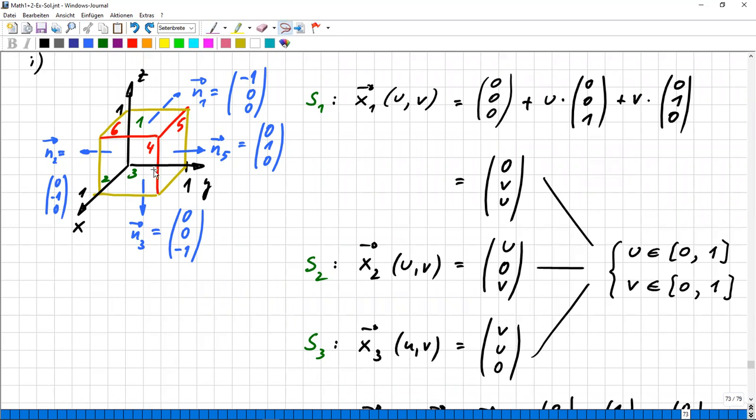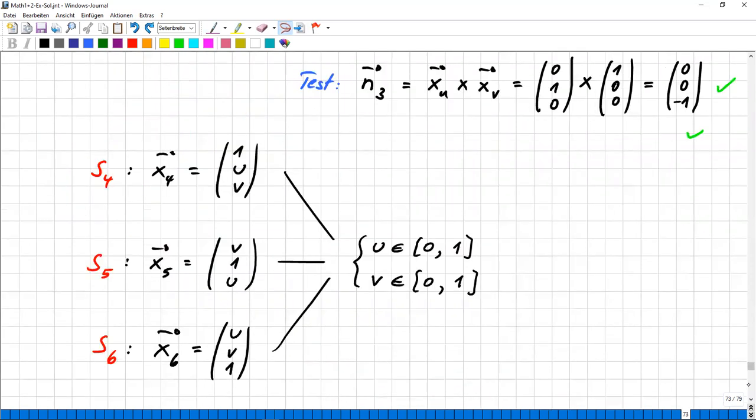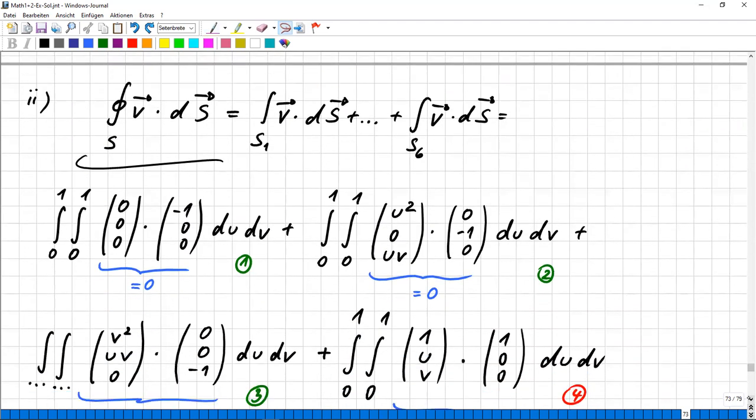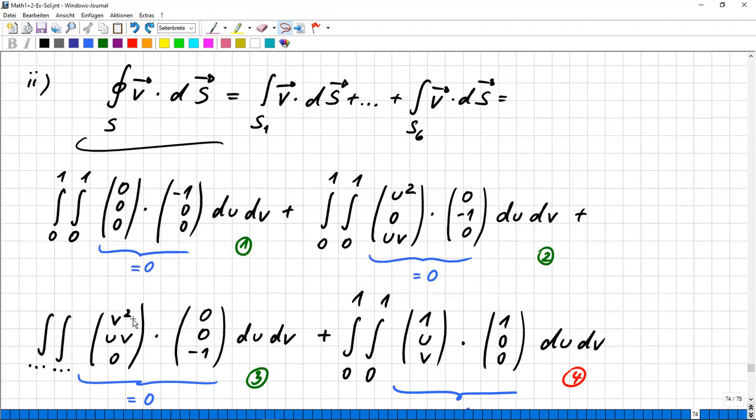the bottom face of our cube, where we already said, just keep it in mind, if possible, we use 0 instead of x, y, z. And that's why we get, here it is, v squared for the first vector component, uv for the second, 0 for the last.